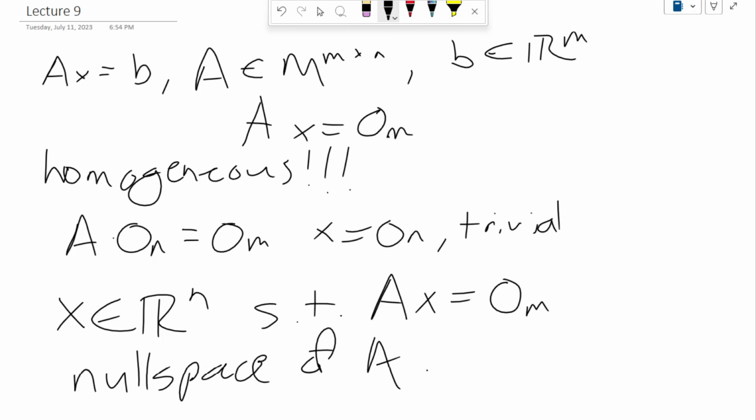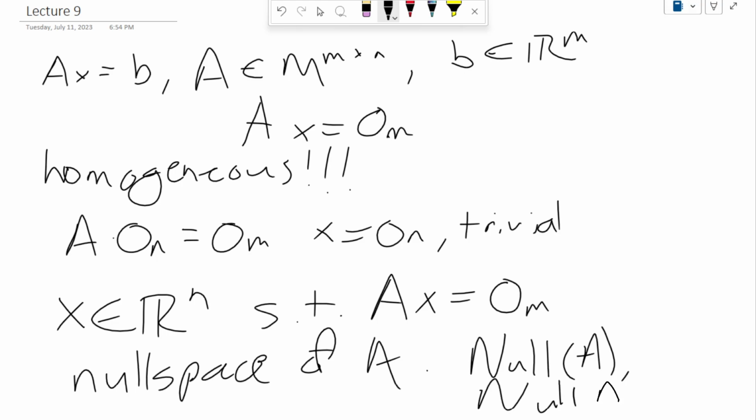I write it as 1 word. I think it's actually more common to see it as 2 words, but I think it makes more sense as 1 word, so I'm going to use it as 1 word. And just because it's easier, we're going to abbreviate this null(A), or sometimes I'll just write null A with no brackets.